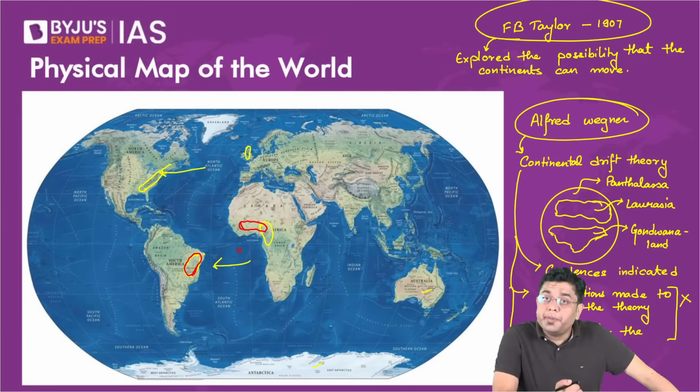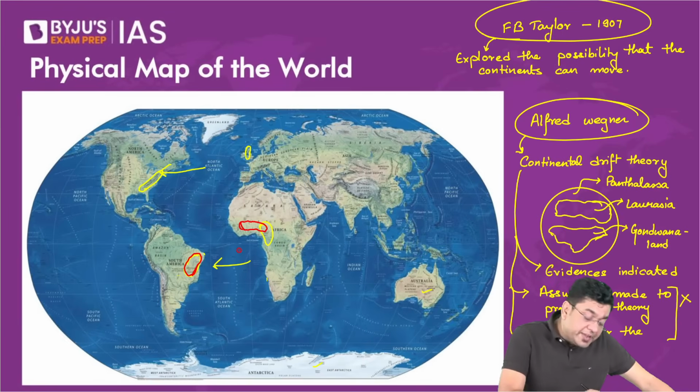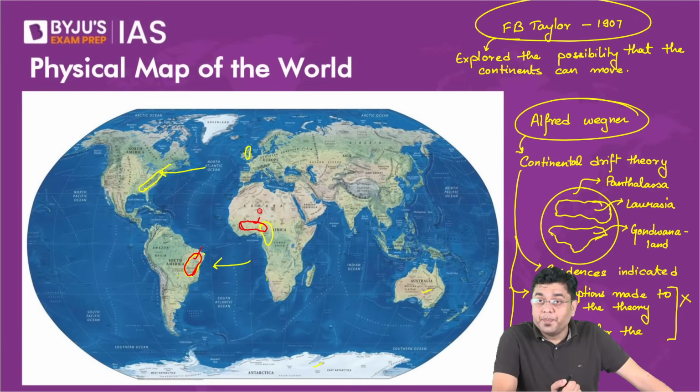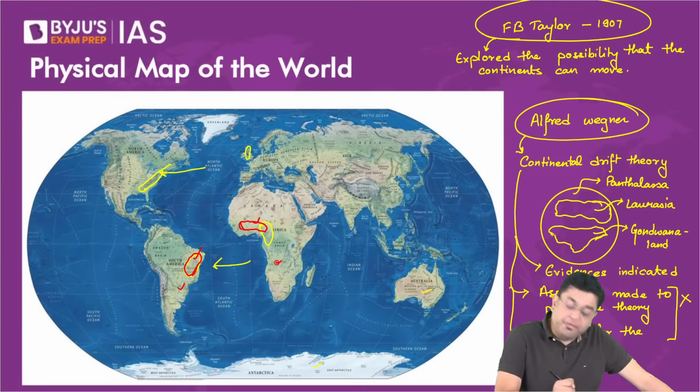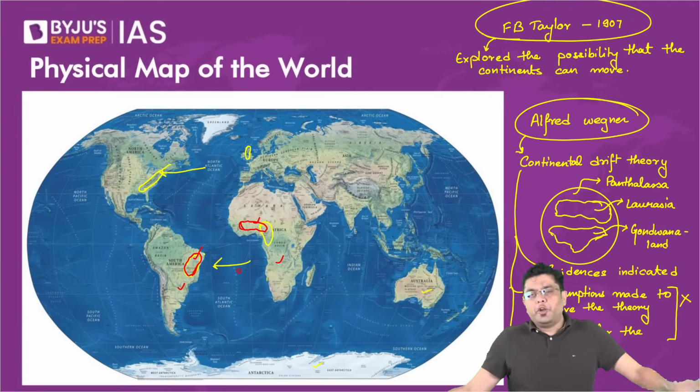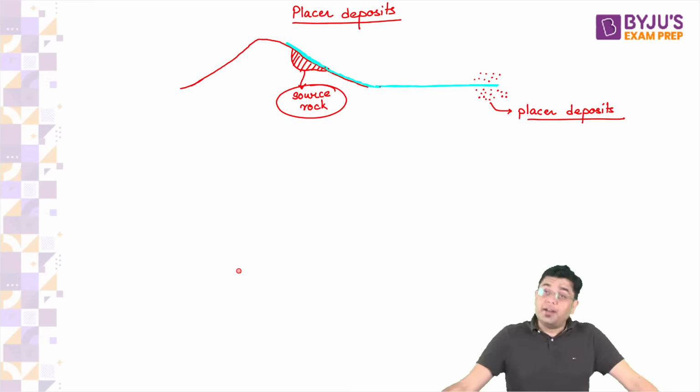How is it possible that the deposits would be carried across the Atlantic Ocean? Simply unfathomable, impossible. That can be possible only in one case: if South America and Africa were together at one point of time, and South America, since then, has drifted westward, just like North America. So that was his understanding, and that was another evidence.